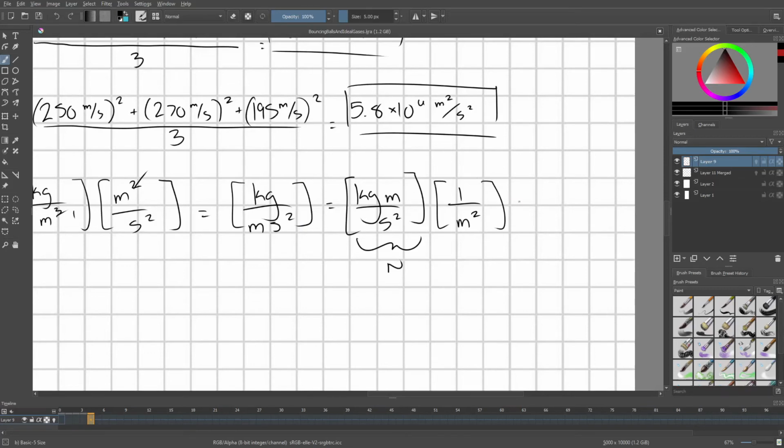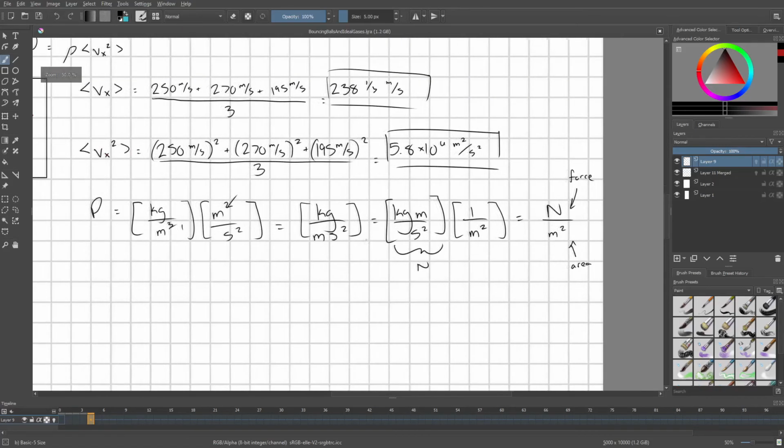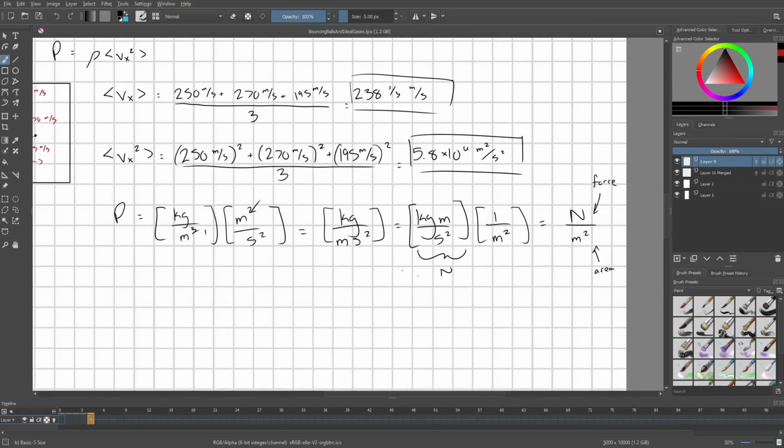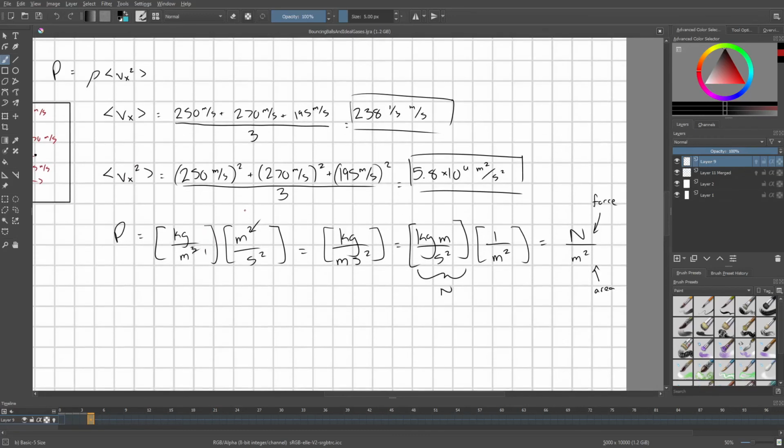Both sides of the equation here are the same. And so we have newtons per meter squared. Of course, this guy here is a force. This guy here is an area. We have a force over an area, which is what we would expect for pressure. Right, so I think it's always good to use dimensional analysis to make sure that our results are making sense.